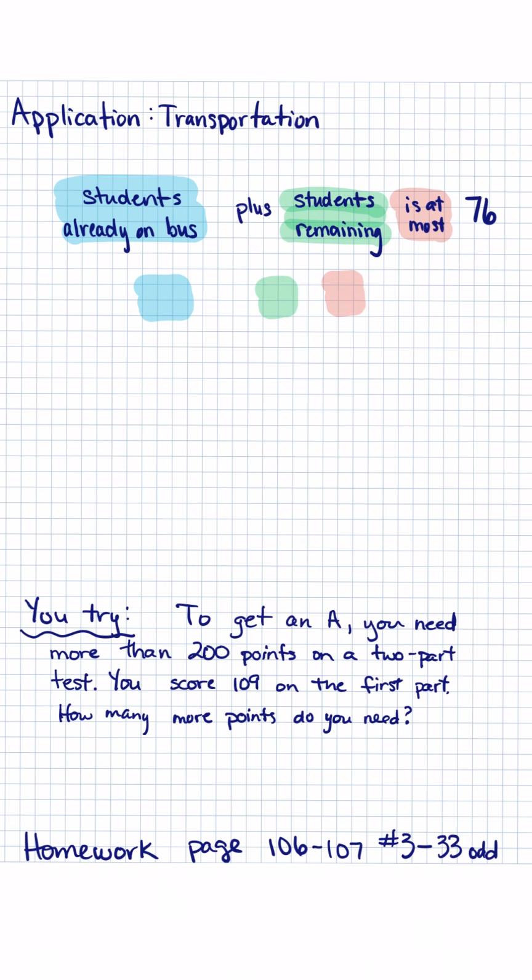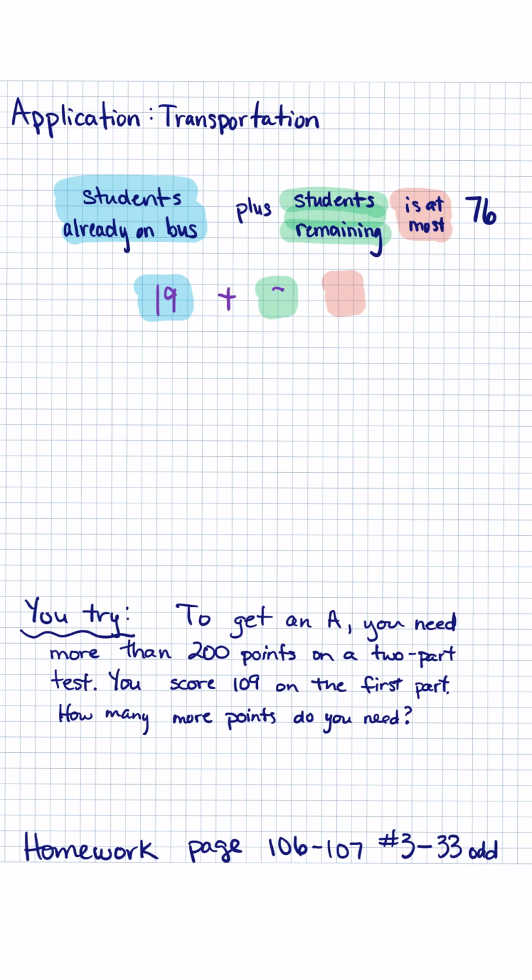So here is another word problem for us. A school bus can safely carry as many as 76 students. If 19 students are already on the bus, how many more can board the bus? So we have students already on the bus, which is 19, plus students remaining.